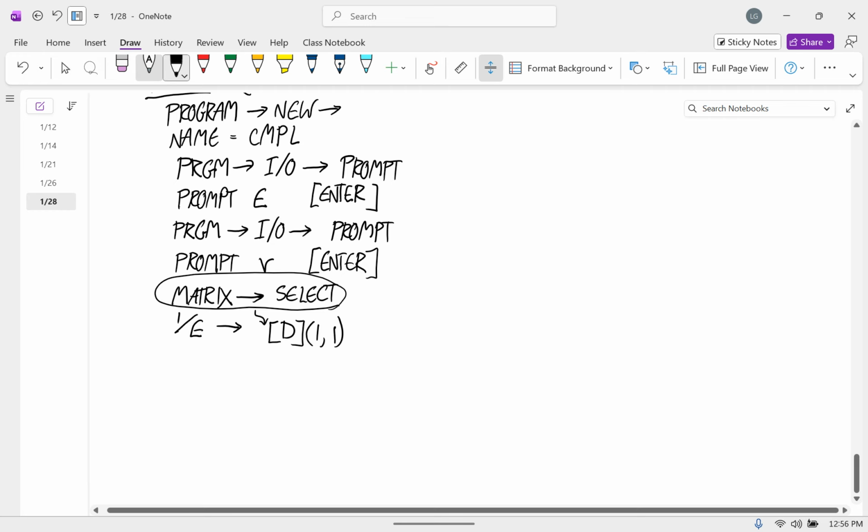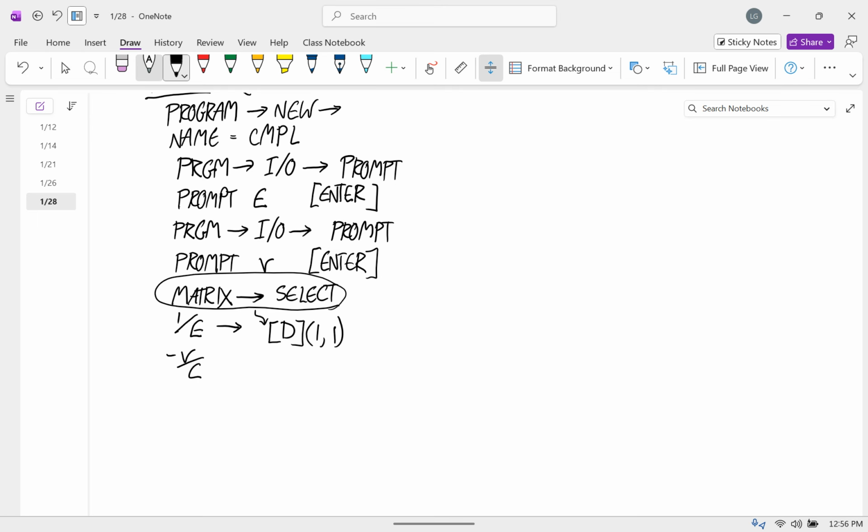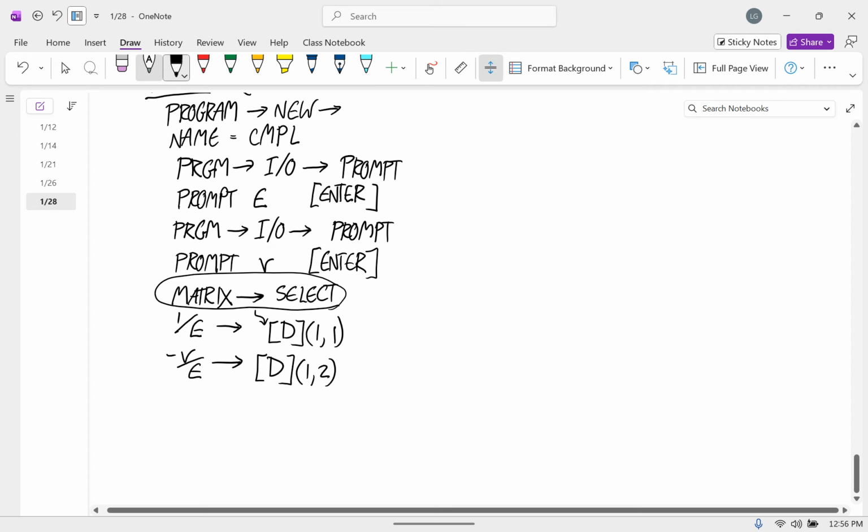And then we're going to do the same thing. We're going to go negative V over E, go back into the matrix environment. Negative V over E. Yeah, yeah. And you're going to fill all of these out. So negative V over E is D 1, 3.